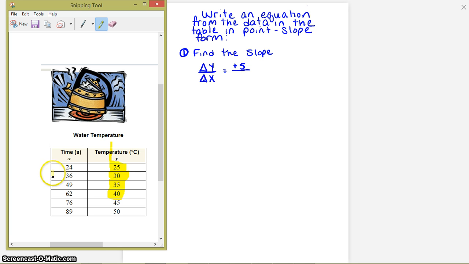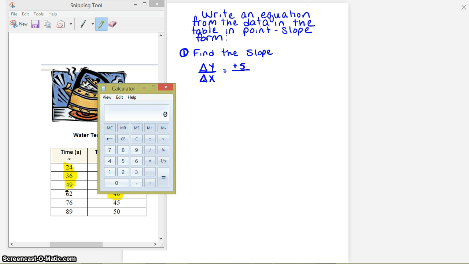What's happening in my change in x? 24 to 36 is 12, right? 36 to 49 is going to be, let me just get my calculator up here. So 49 minus 36 is 13. 62 minus 49 is 13.